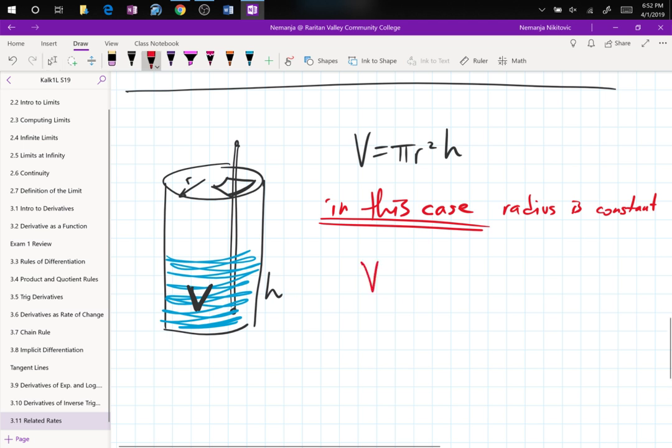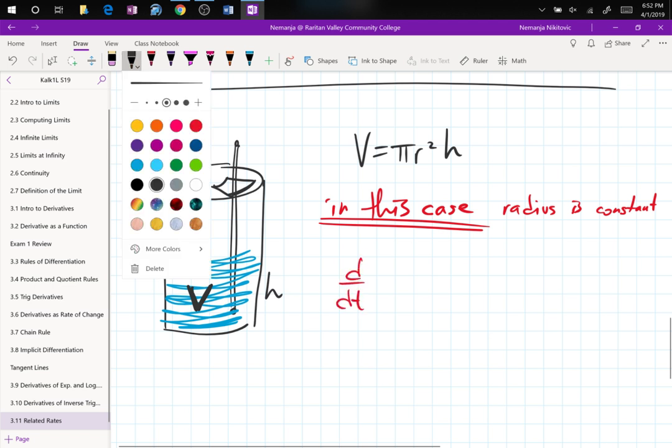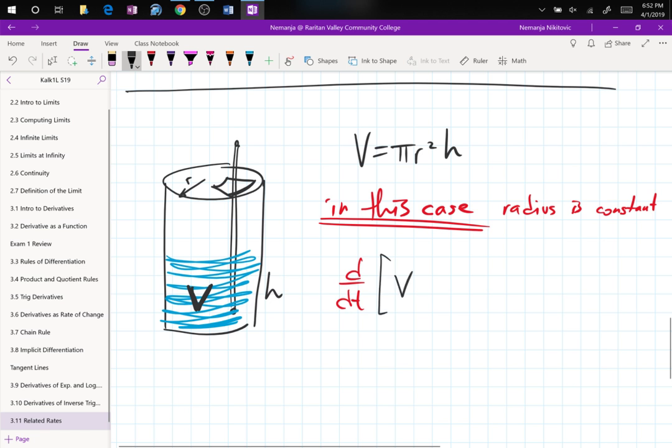So now I have the formula. I get to differentiate this in time. Pi r squared h. Keeping in mind that this time around radius is constant, and if radius is constant, we just get to copy it, right?